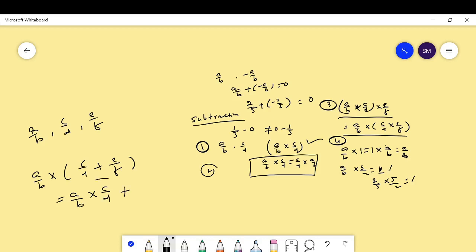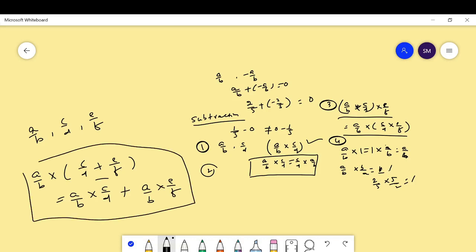If there is an addition sign then we keep the addition sign, if there is a subtraction sign then keep the subtraction sign. Suppose a by b into c by d minus e by f, then while you apply the distributive property, a by b into c by d minus a by b into e by f. Okay, this is the distributive property.